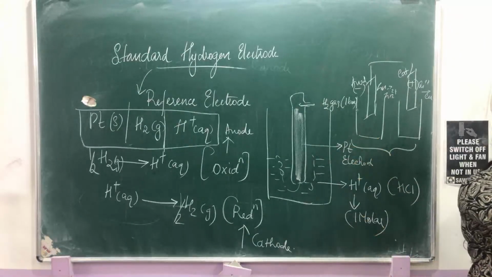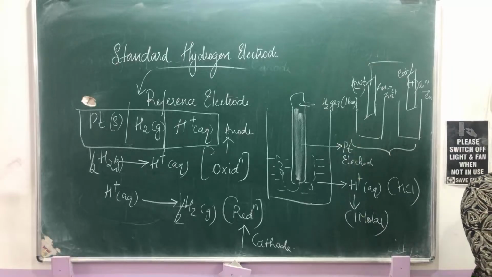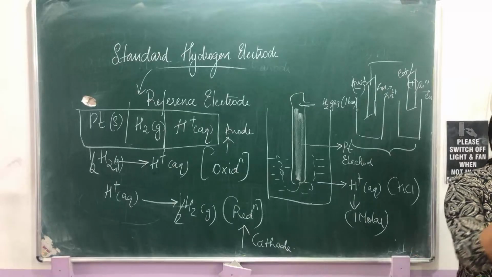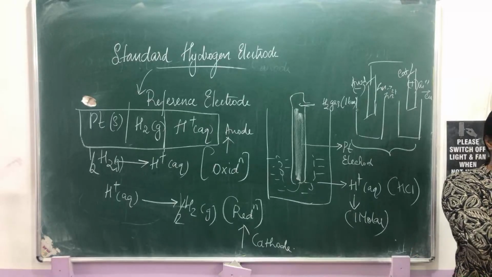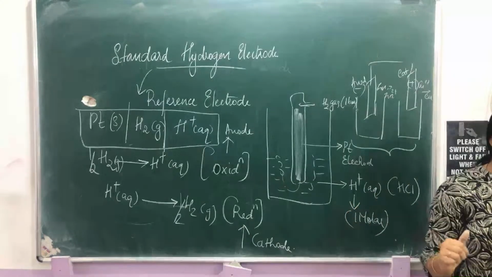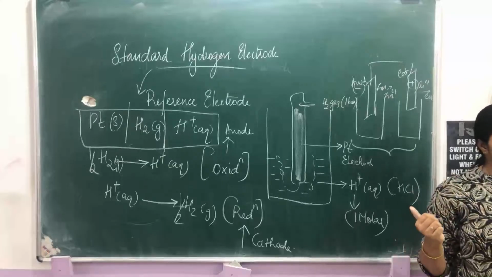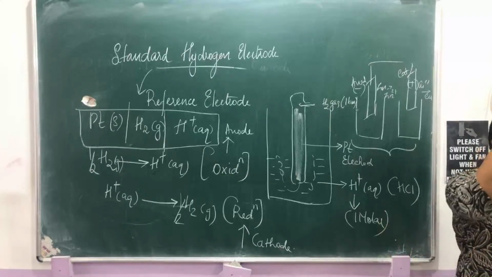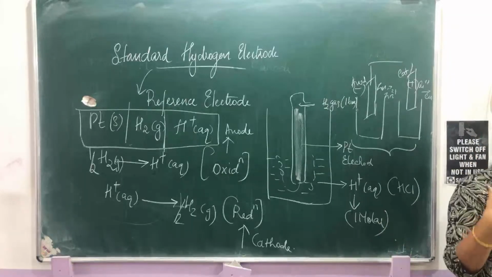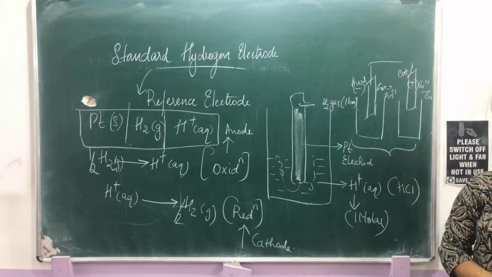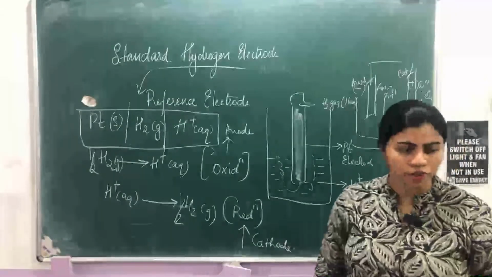If it is powdered, the adsorption capability is increased, because when the surface area increases, adsorption increases, correct? Imagine you are drinking water in a small glass, and if you are having water in a very huge vessel, which will tend to cool down fast? The bigger vessel, right? Why? Because with more surface area, more particles can exchange the energy or heat. Where did I stop? Adsorbed on the powdered metal, full stop.